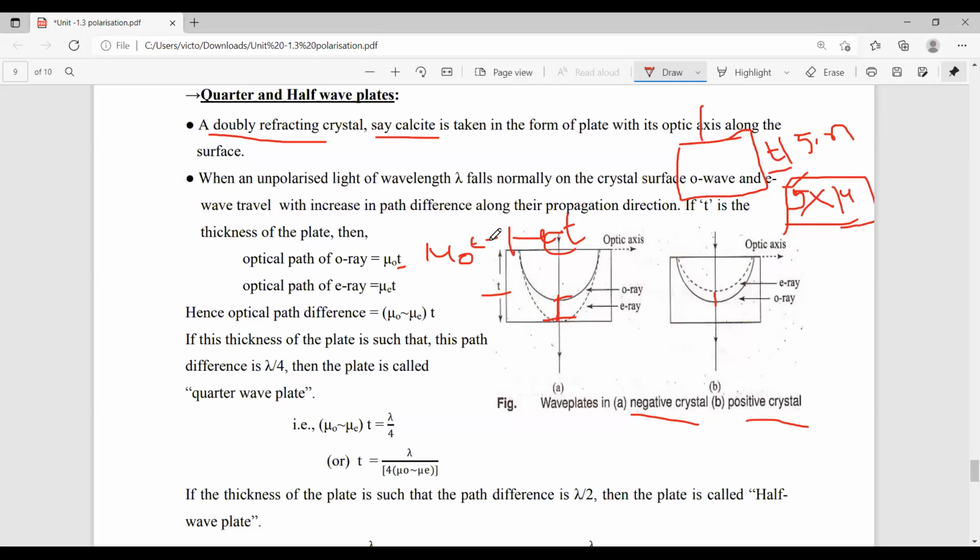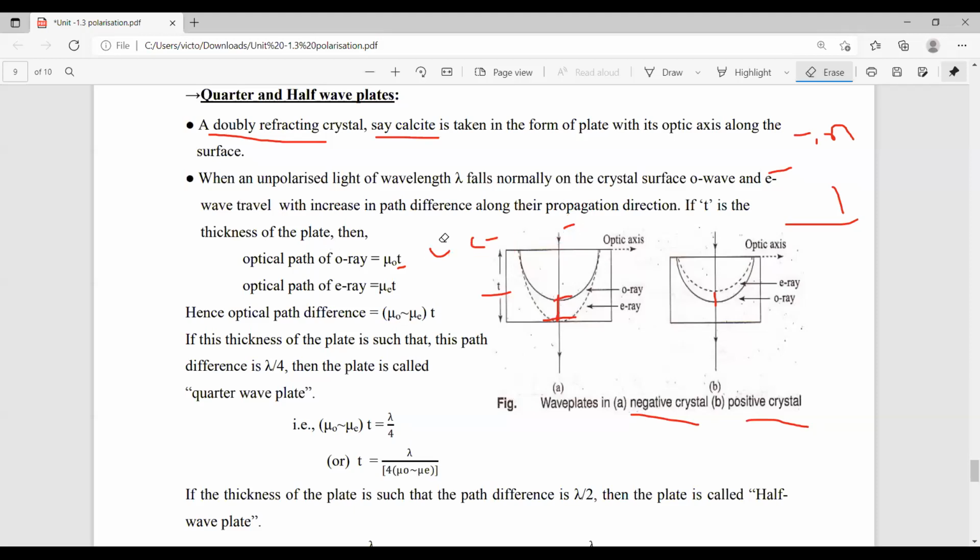By taking T common, we simply get the path difference between the O ray and E ray as (mu naught minus mu E) T. Here, why do we use a difference symbol? If we use a positive crystal, then it is mu naught minus mu E. If we take a negative crystal, then it is mu E minus mu naught.